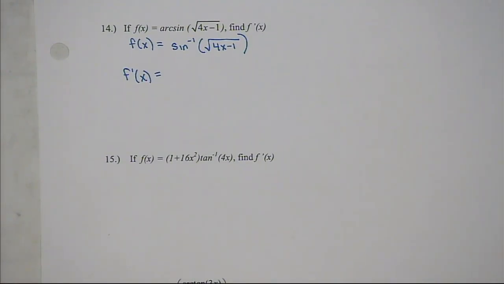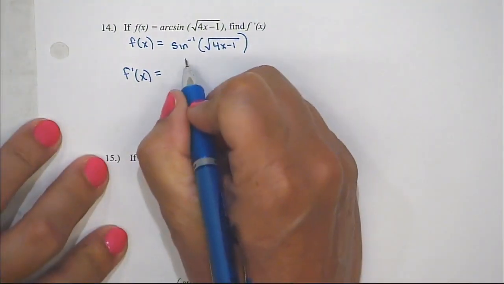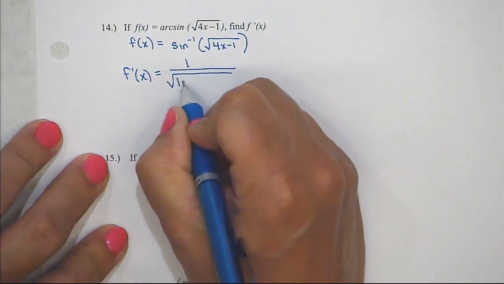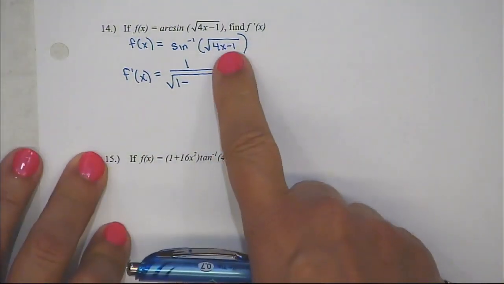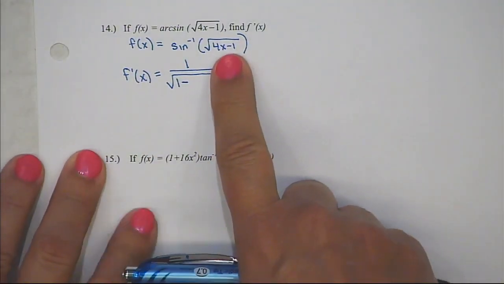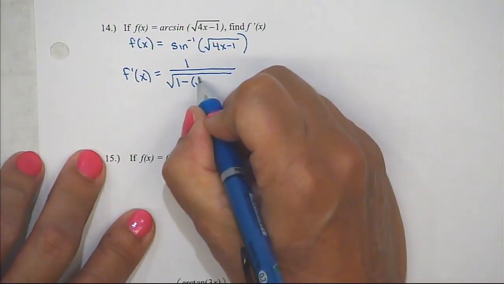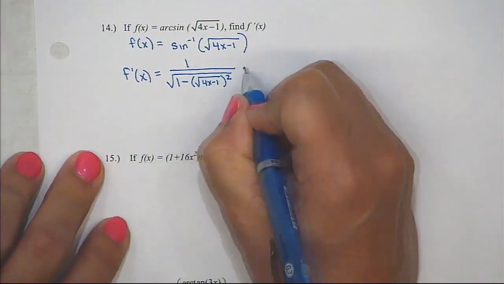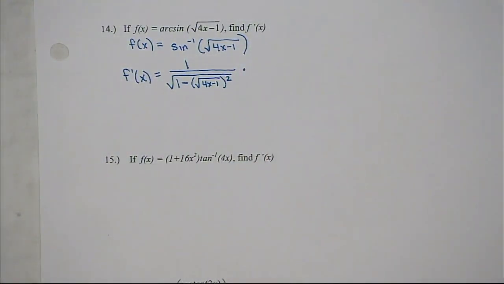That's the outermost function. So the derivative of inverse sine is 1 over the square root of 1 minus whatever's in here squared. So square root of 4x minus 1 squared. Okay, so that's the derivative of inverse sine.